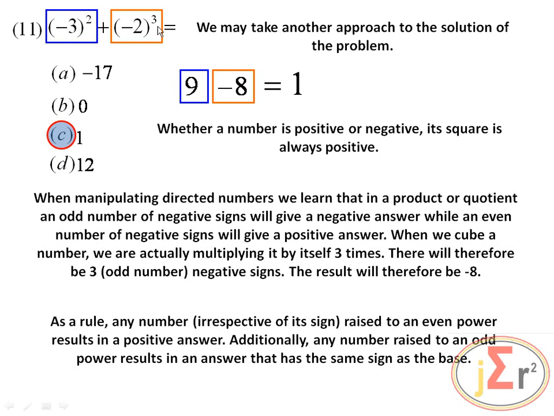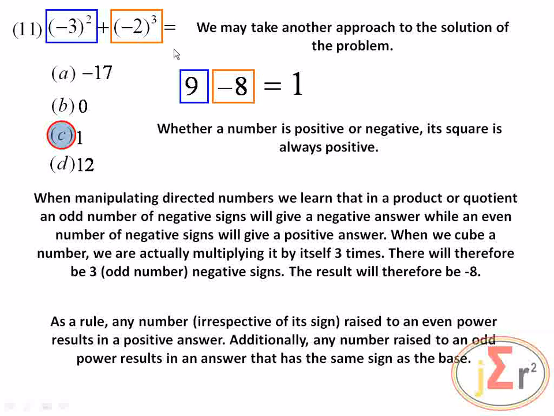So if we had like a 7, 9, 11, 21, we are sure that the result is going to be negative, because any number raised to an odd power will have the same sign as the number that we had before.